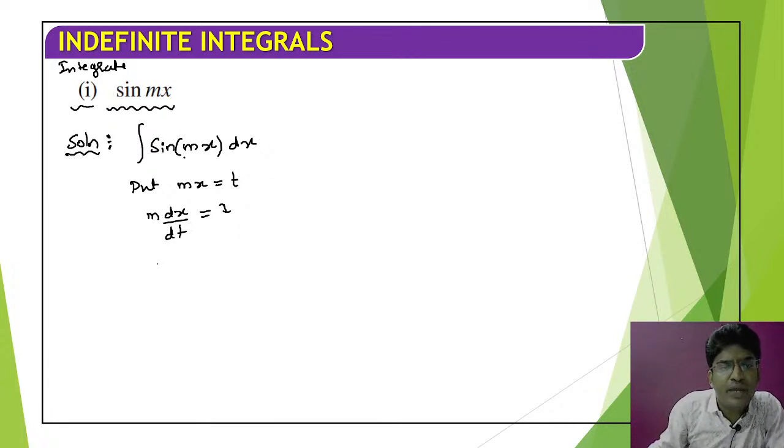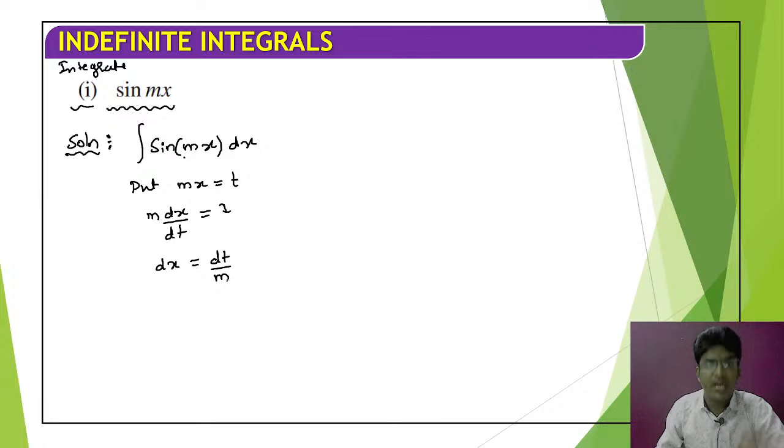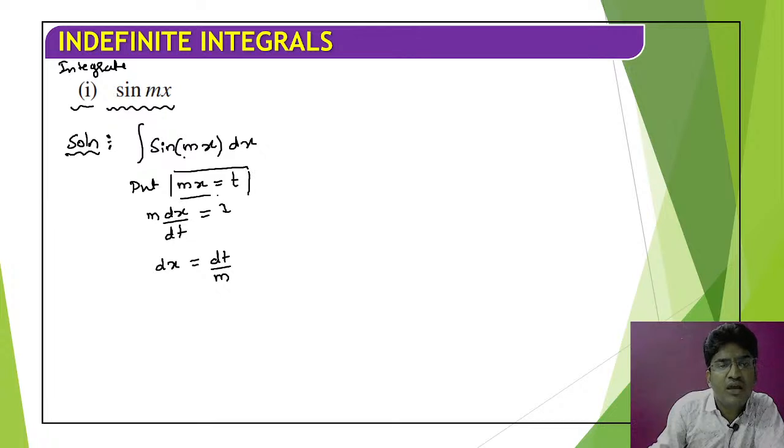Now what will happen, dx will be equal to dt multiplied with 1, which is dt, and if m comes on this side, it will be divided by m. So now you just see here, mx becomes t, dx becomes dt by m. So very important.